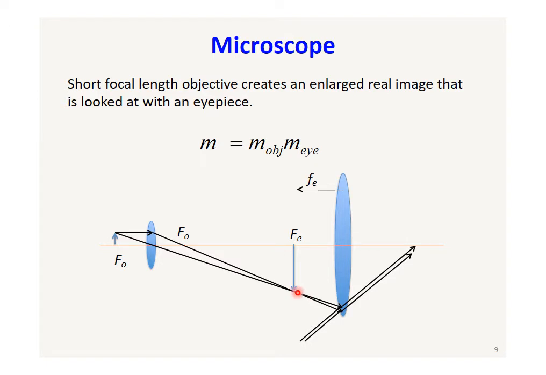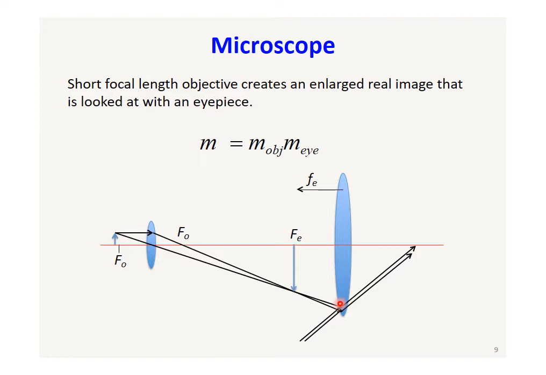Now, rays diverge from this point here, and they then will hit the eyepiece and they will come off parallel to each other. So this eyepiece here magnifies the image even further.